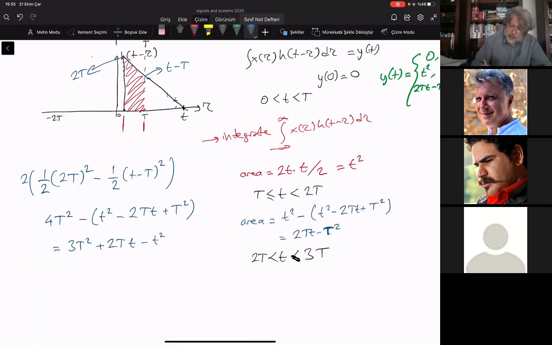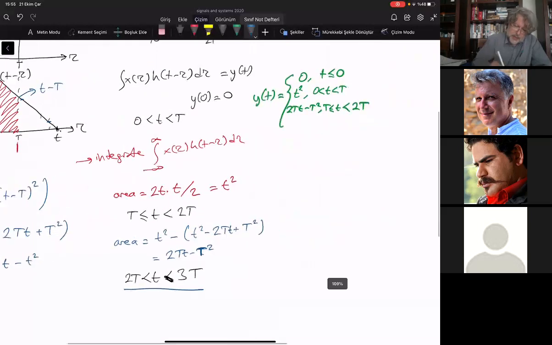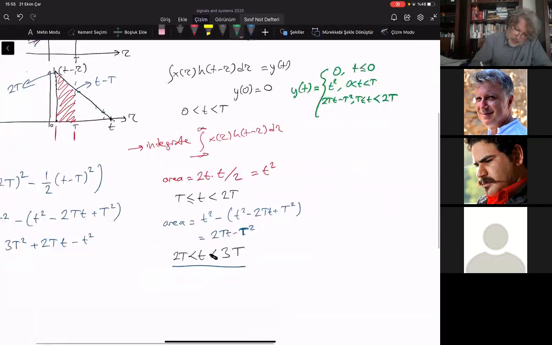And when is it? It is when t is between 2 capital T and 3 capital T. So we just write it like that. What was that? It was 3 capital T squared plus 2 capital T t minus t squared for t between 2T and 3T.